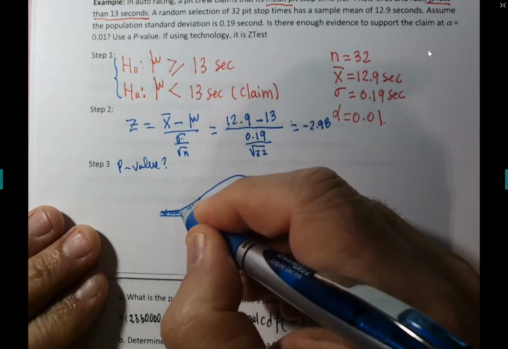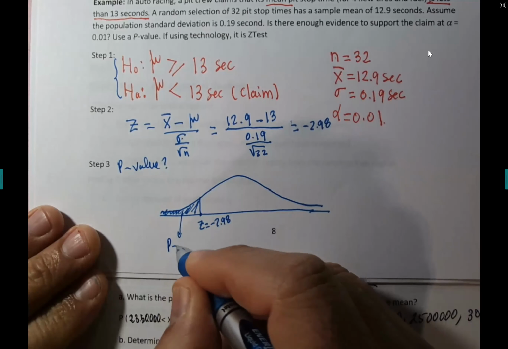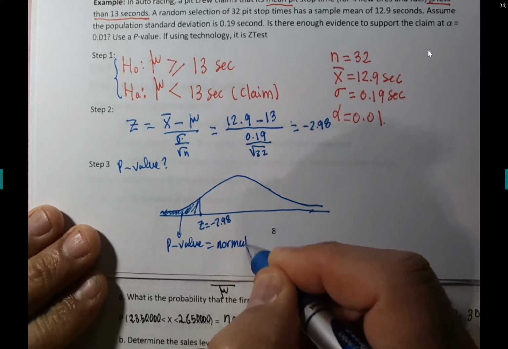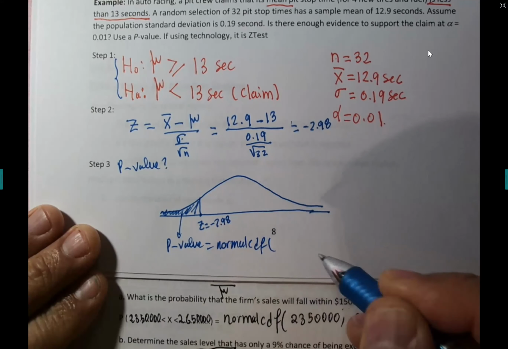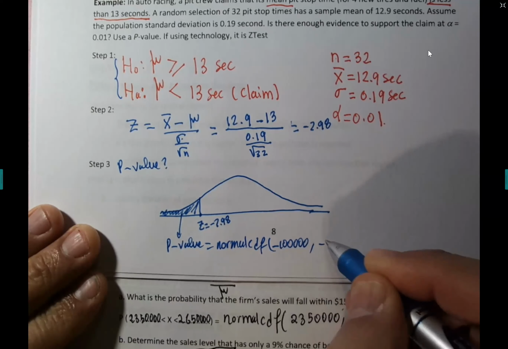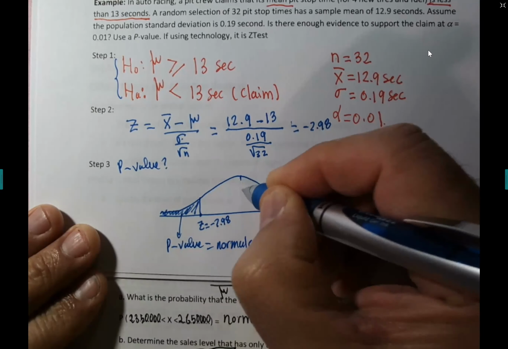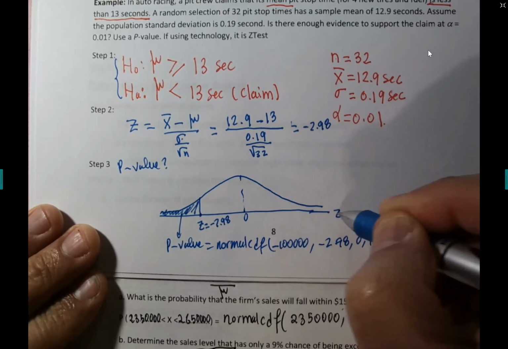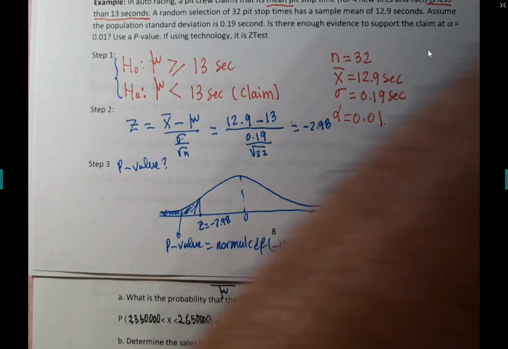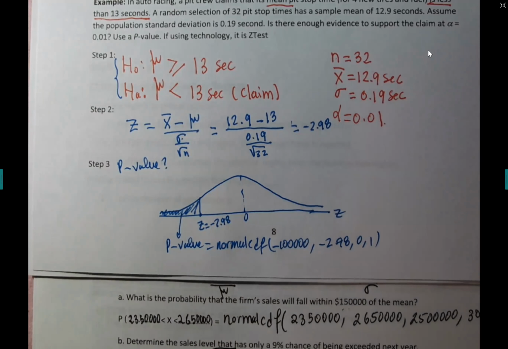From your inverse... not inverse norm, it's an area. Normal CDF. Okay, go ahead. Negative 1 million. Here you go. You still remember. Negative 2.98, comma 0, comma 1. Remember, this is 0, and that's a Z line. Okay, let's do it and see what we come up with.